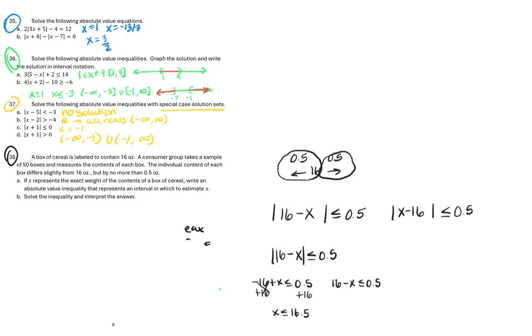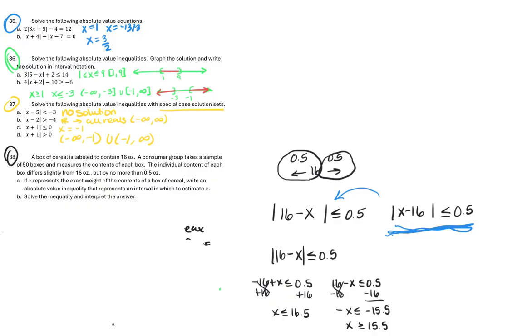Then we also can do this one where we have minus 16, which is -15.5, and then we divide by the negative, so that flips it, so x has to be greater than 15.5. Now we could do this one, however this one will give us the same result as this one. So now we have an inequality where x has to be greater than 15.5 but less than 16.5, which is that variance of the 0.5.